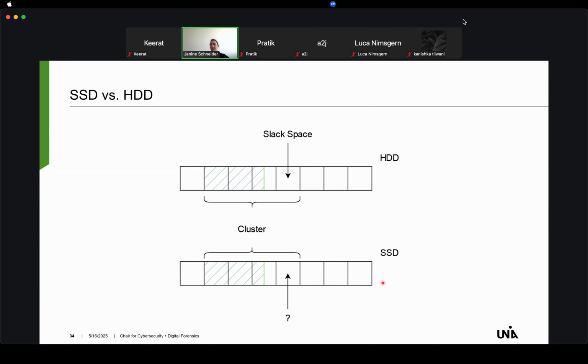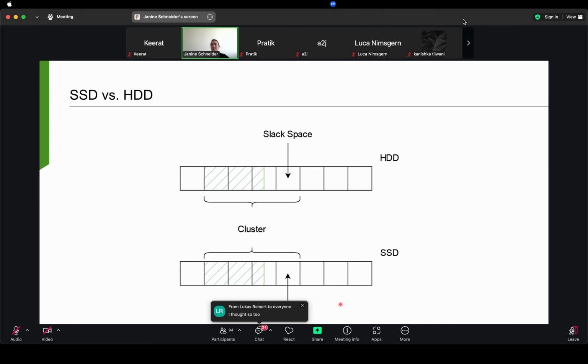But with SSDs, it's different because SSDs can only write to pages in previously deleted blocks. The pages that form a possible drive slack after a file has been written are always empty. And with HDDs, there are maybe remnants of a previously written and deleted file at this point.